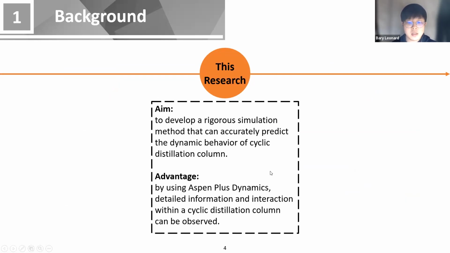There have been some works in the simulation part where they use mathematical models in MATLAB to simulate this kind of system. However, the advantage of using Aspen Plus Dynamics is that we can actually observe detailed information and the interaction within the cyclic distillation column.